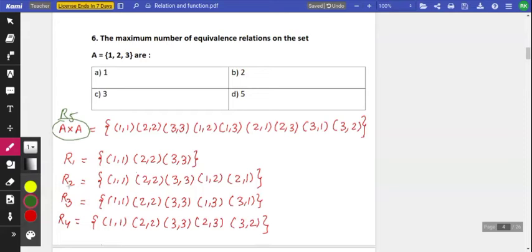So the total number of relations is 1, 2, 3, 4 and 5. So the correct answer is option D.